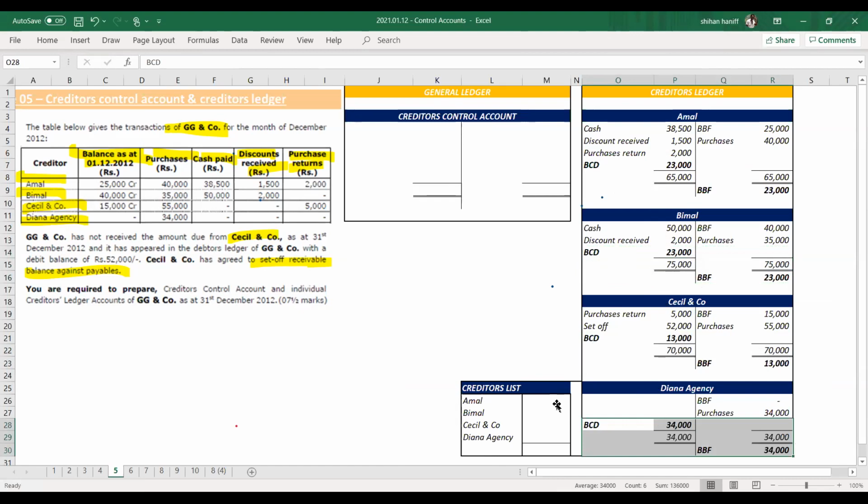Cecil 13,000. Amal 23, Bimal 23, Cecil 13. And Diana 34. So total individual balance will be 93,000. Now you have to check creditors control account. Total should be 93,000.